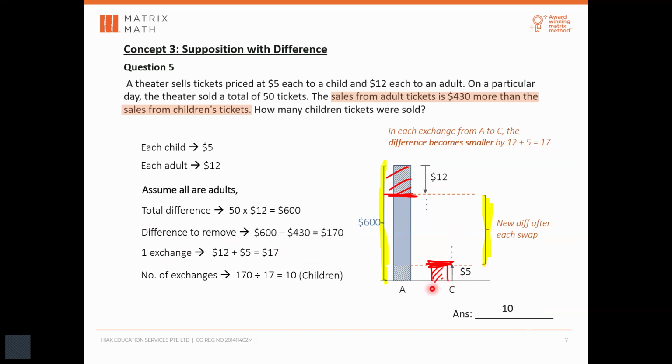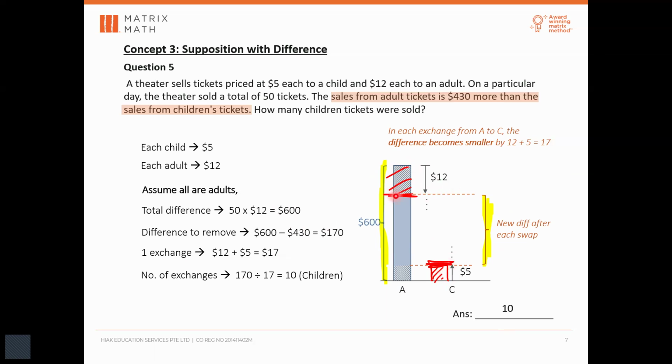So when I exchange, my one adult is $12. So the adult will go down by 12. Children would increase by one ticket, which is $5. So that's why this one goes up by 5.